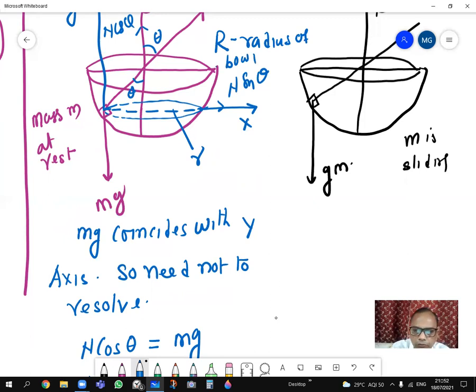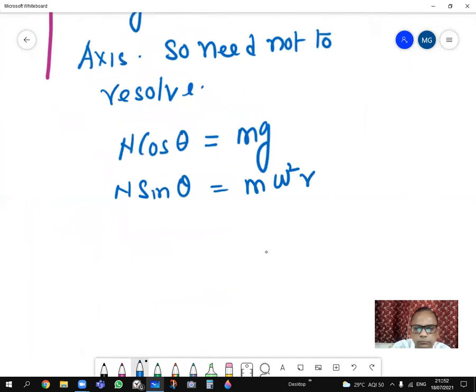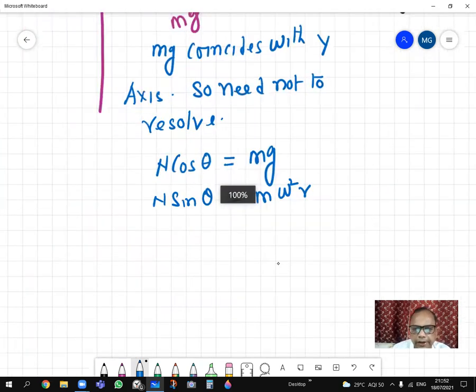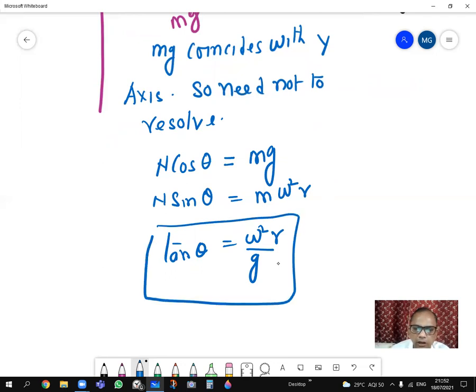So now if you divide the two, you can get tan theta is equal to omega square r upon g. That's the expression for angle or omega, whatever question asks you.